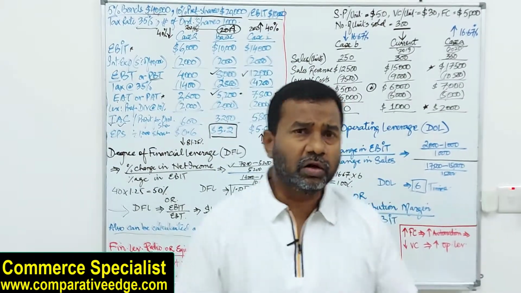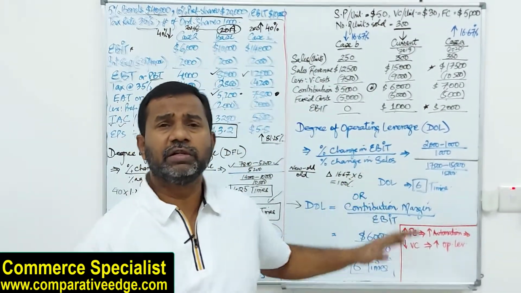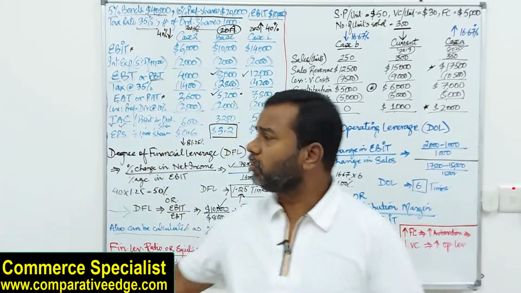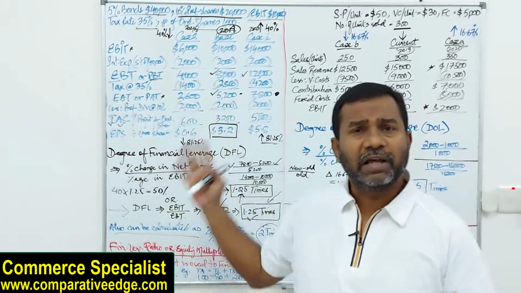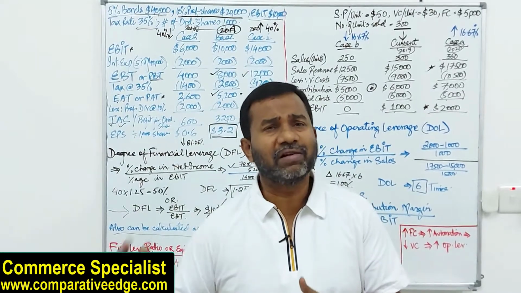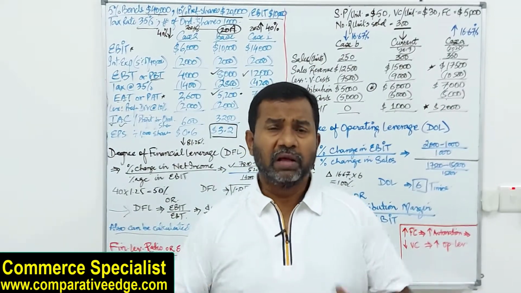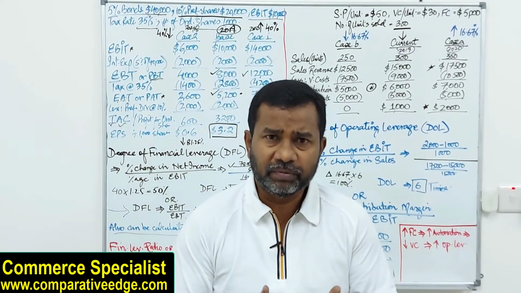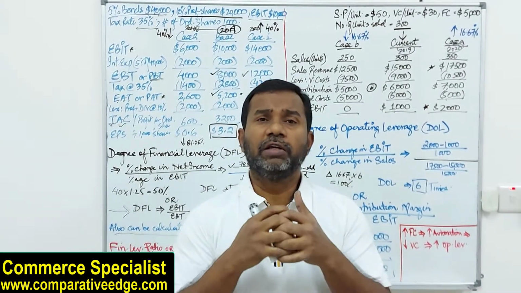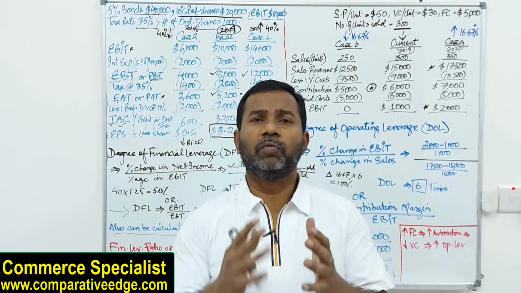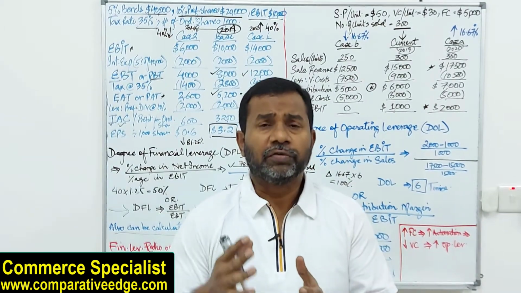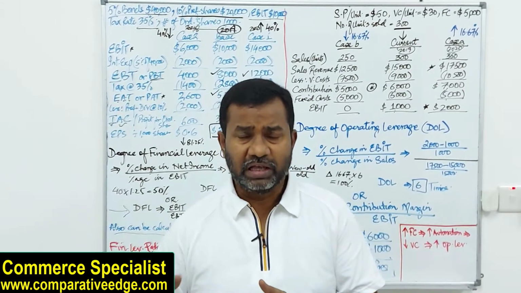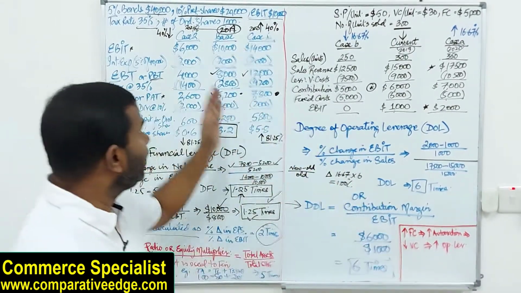In a nutshell, degree of operating leverage measures the use of fixed costs to generate income. Here we are talking about the use of finance costs, which is interest expense, debt, to generate profits. Both magnify the company's efficiency if it is appropriately used. Sometimes fixed interest cost is a blessing, and the blessing is when your EBIT increases.